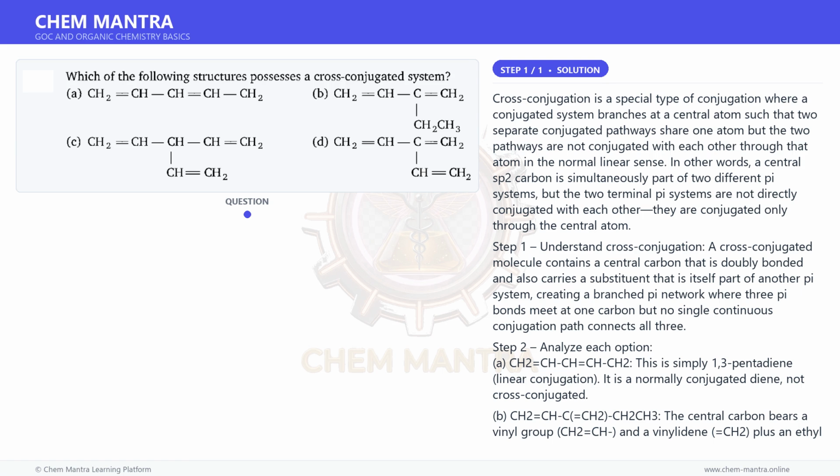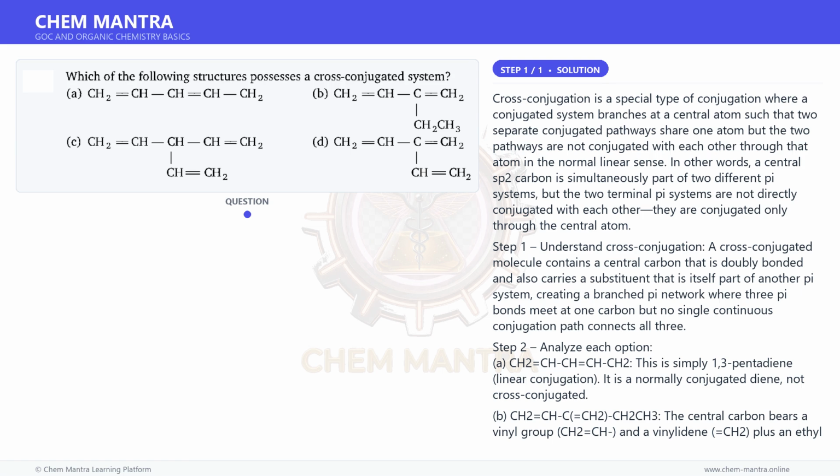However, this is actually a system with only two pi bonds meeting at the central carbon along with a saturated substituent. This is closer to a simple conjugated system rather than a true cross-conjugated system, because there are only two pi bond pathways meeting at the central carbon.